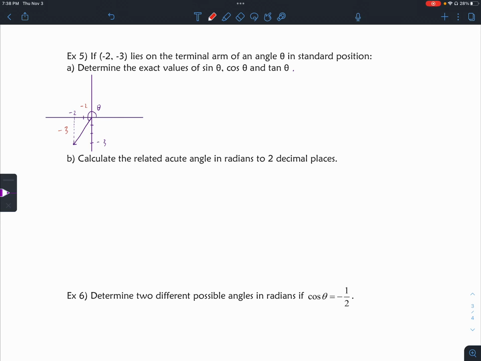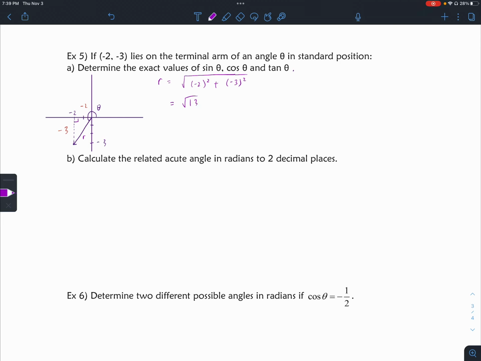Now we need to find r, the hypotenuse of this triangle, so we just have to use the Pythagorean theorem. So the square root of negative 2 squared plus negative 3 squared, that's 4 plus 9, which is 13. So that's root 13.